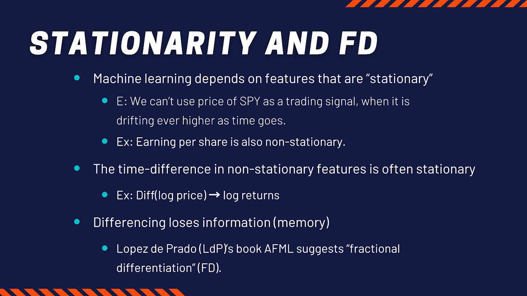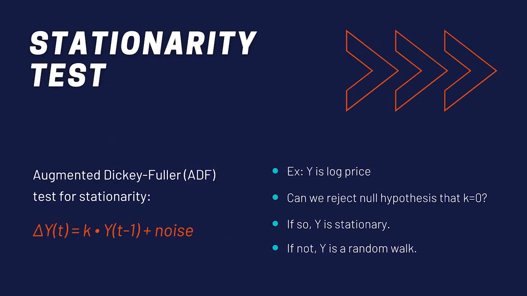Fractional differentiation is a way to convert a non-stationary price series into a stationary time series, yet retaining some amount of the level information, just like you would do in taking a moving average. So before we discuss this, let's look at the technical definition of stationarity.